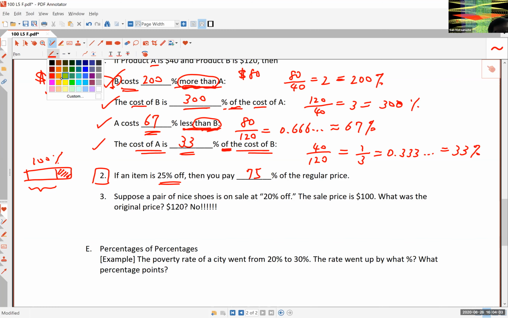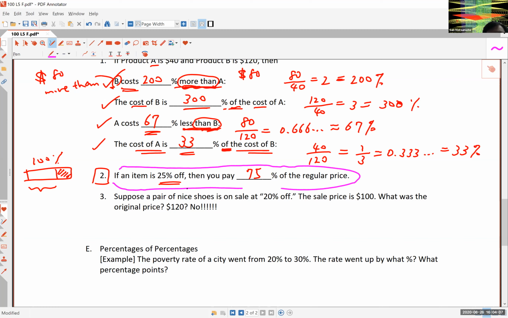I know this sounds simple, but this is the basis of what we're going to be doing in just a second in order to not be fooled by retailers or businesses or anybody else. Remember this again: if you're buying something at a 25% discount, then you are paying 75% of the regular price, because 100% minus 25% is 75%. Keep that in mind.